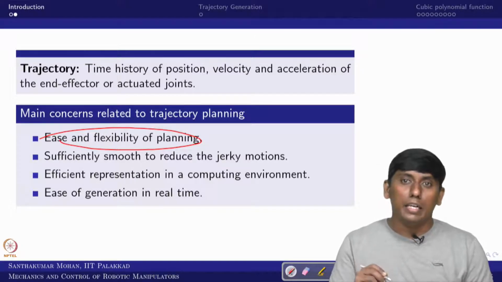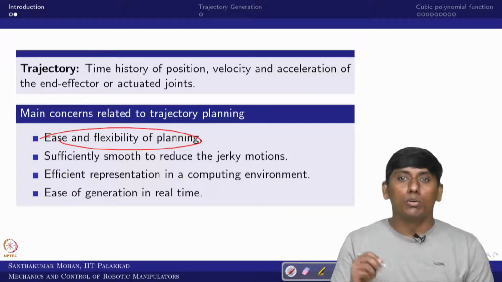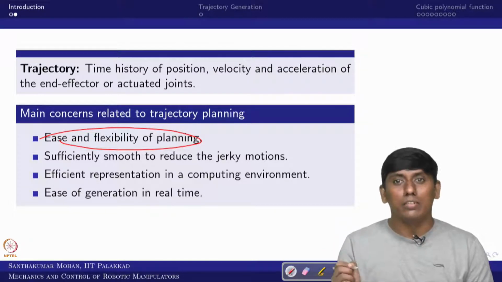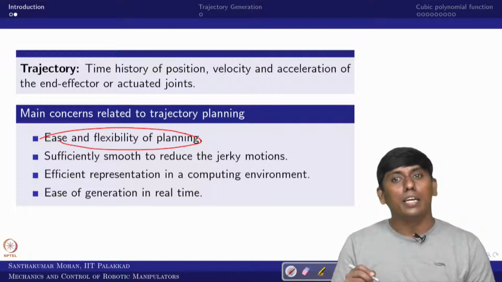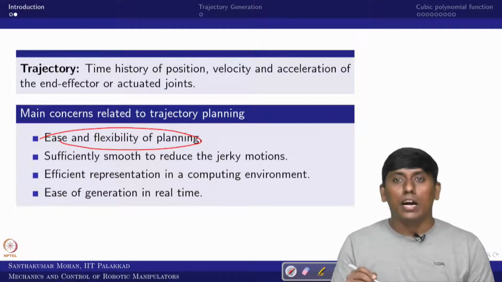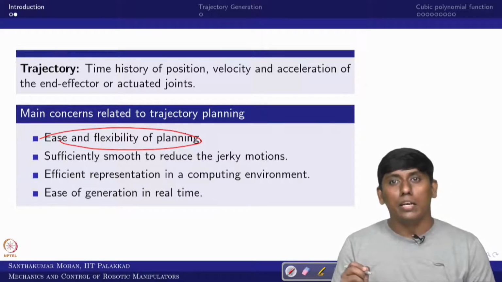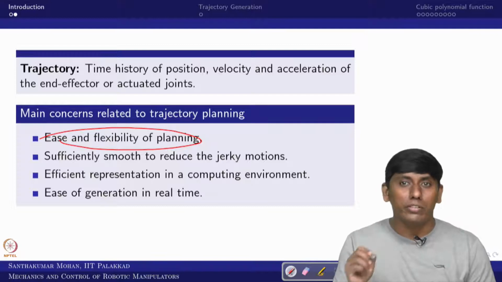When you generate any trajectory, the trajectory should be very smooth, in such a way that the robot manipulator or even a robotic system avoids jerk. For example, take a car: if you start and release the clutch arbitrarily, there would be a small jerk, right?